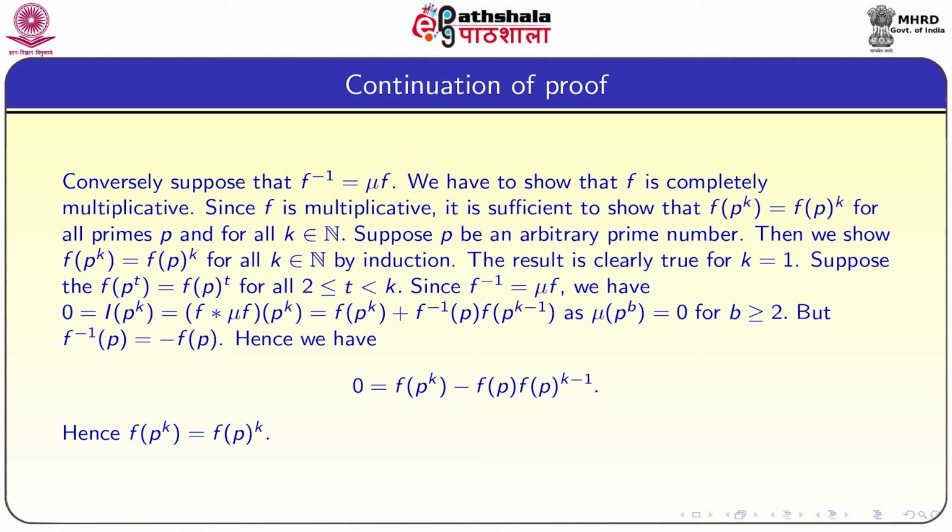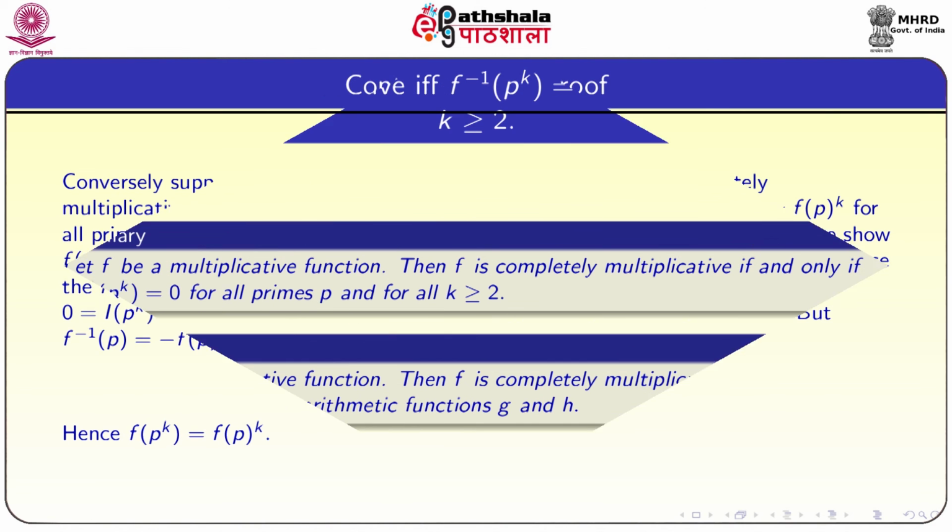So, if you expand it, f of p power k plus f inverse of p into f of p power k minus 1, as mu of p power b equals 0 whenever b is greater than or equal to 2. But f inverse of p is equal to minus f of p, that can be seen easily since f is multiplicative. So, hence we have that 0 is equal to f of p power k minus f of p into f of p power k minus 1, hence we have f of p power k equal to f of p power k. So, we proved this part.